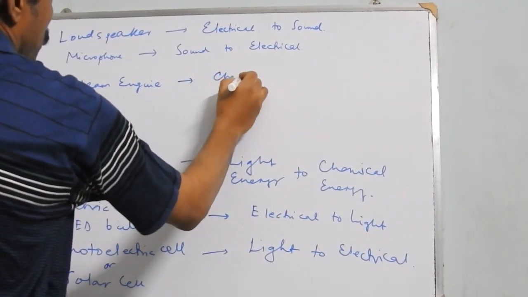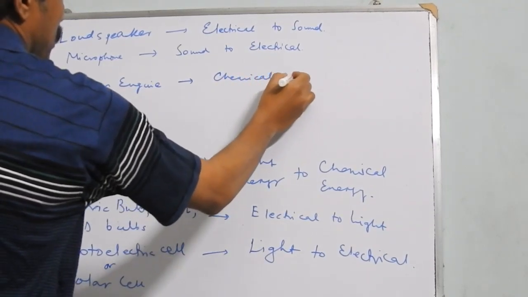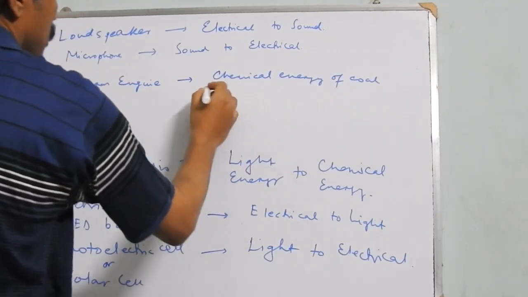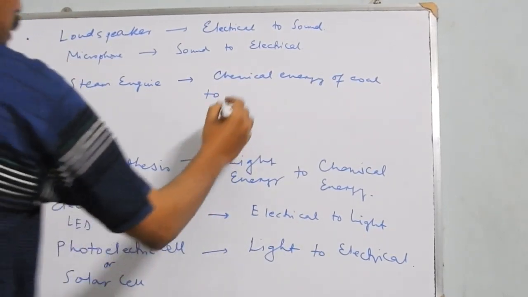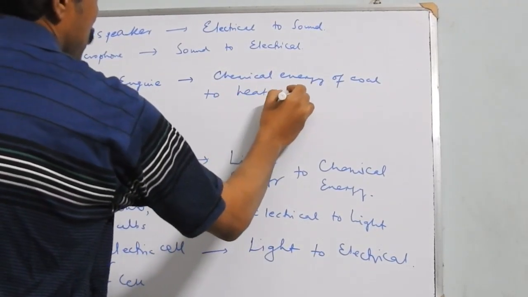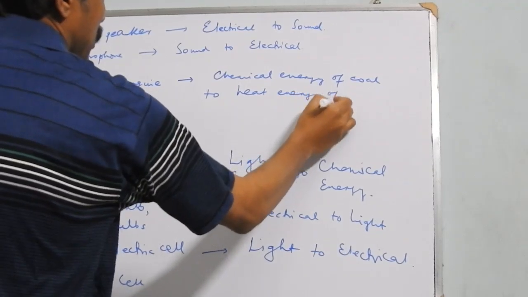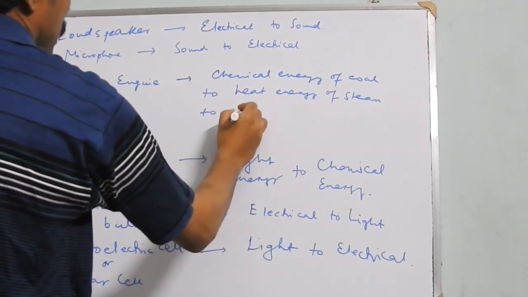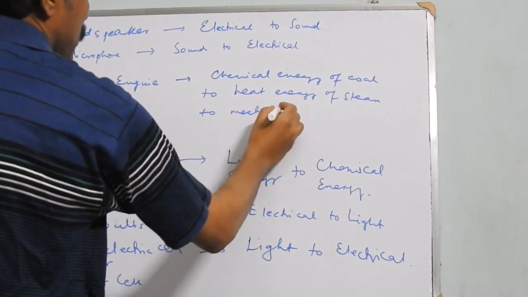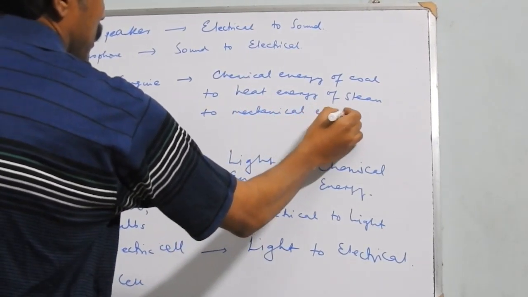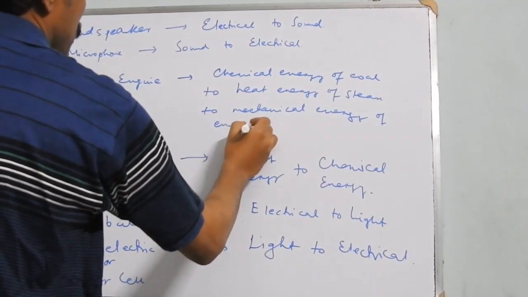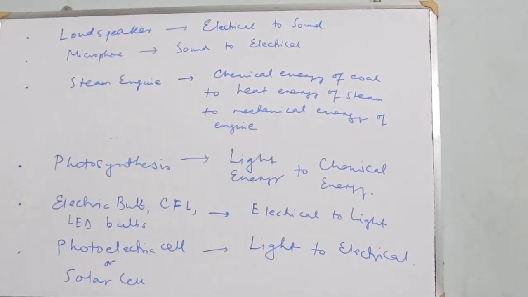Chemical energy of burning coal, to heat energy of steam, to mechanical energy of the engine that drives a locomotive.